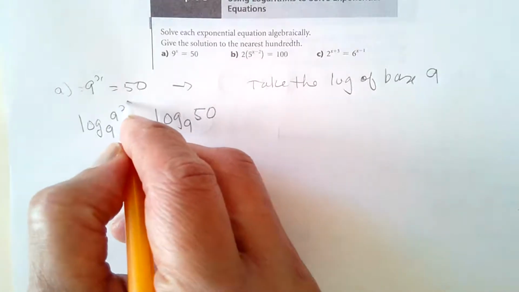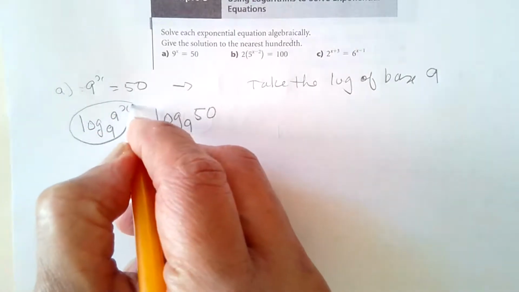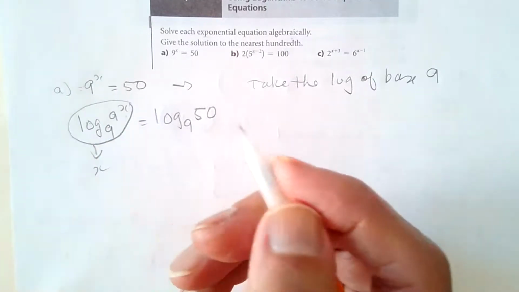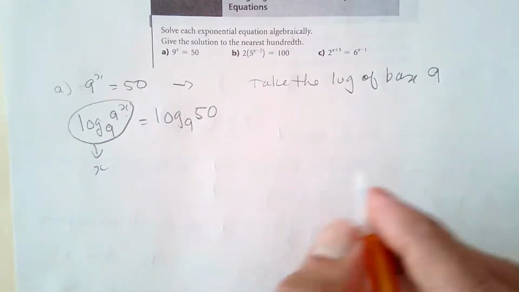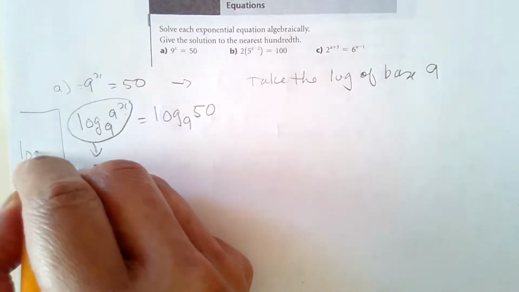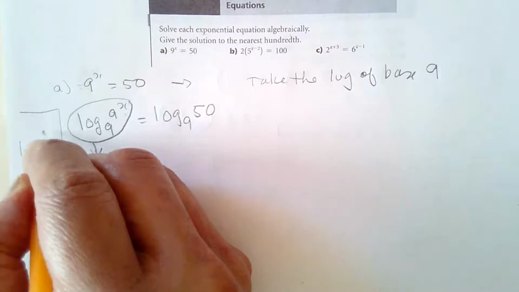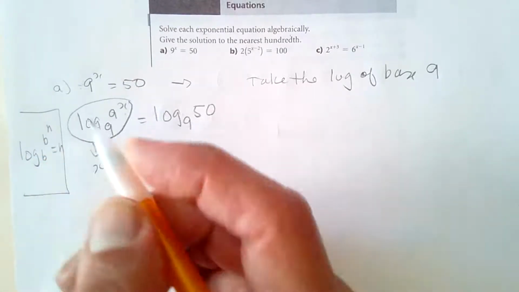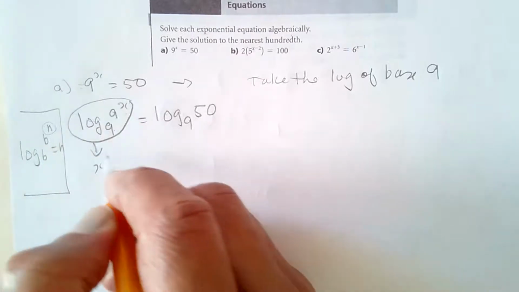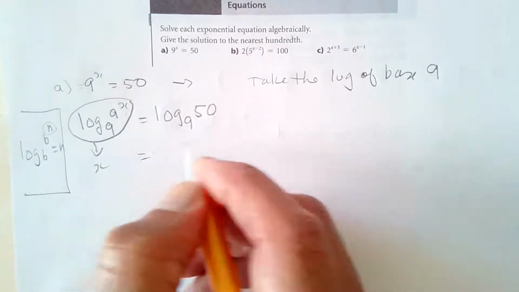By doing that, this here becomes x, because we are applying log base b of b to the n is equal to n. So 9 to the x, your x is your n.